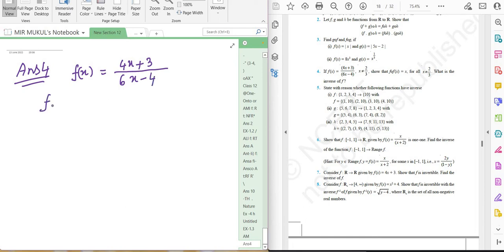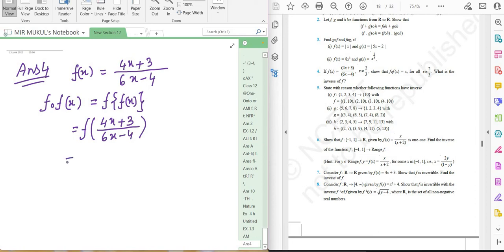Now f of f(x), according to the definition. f(x) equals 4x plus 3 upon 6x minus 4.